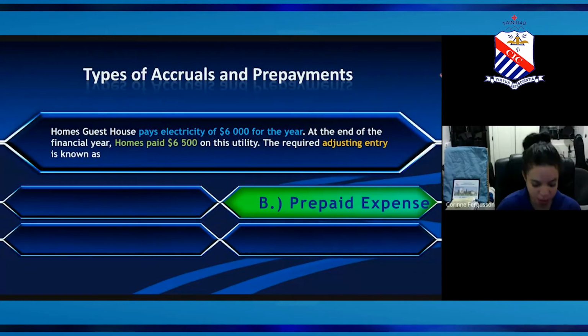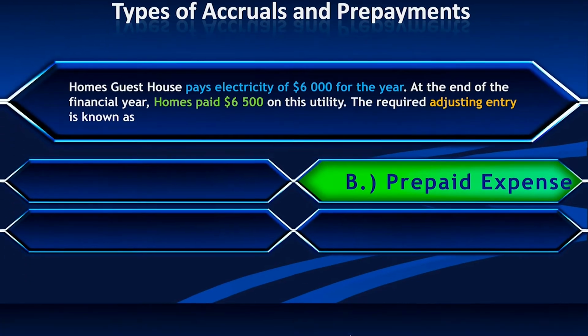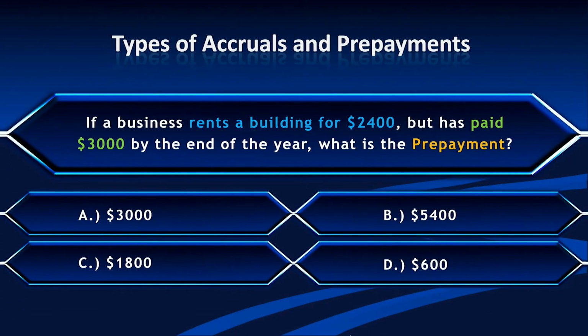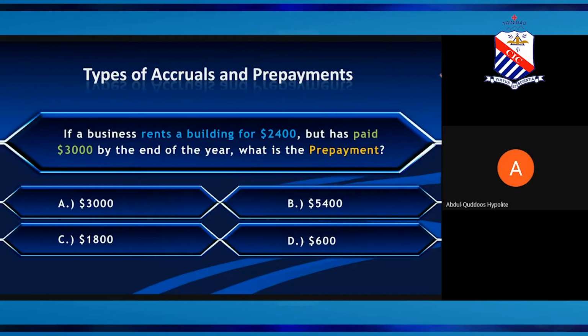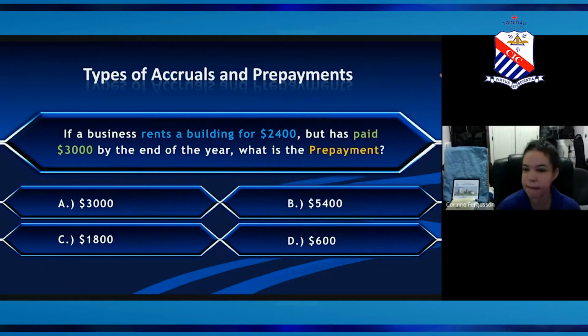This is going to become more difficult when we start to mix it up, right? So if a business rents a building for $2,400, but has paid $3,000 by the end of the year, what is the prepayment? $3,000. Nope. It's 600.